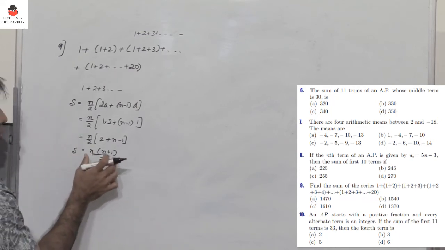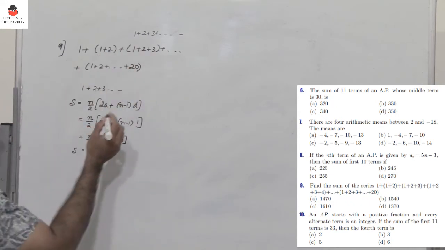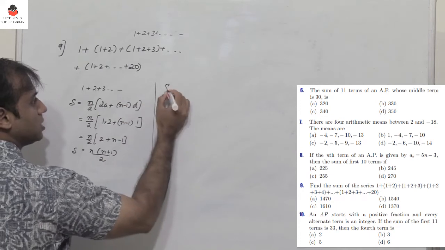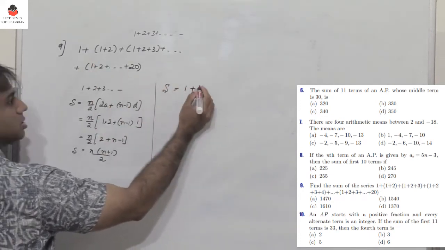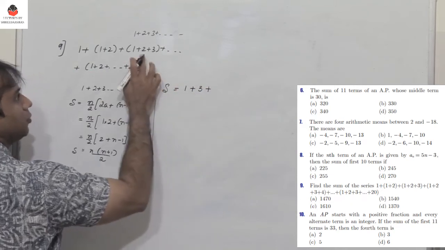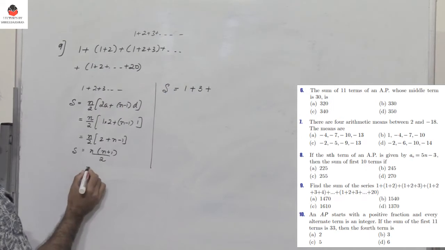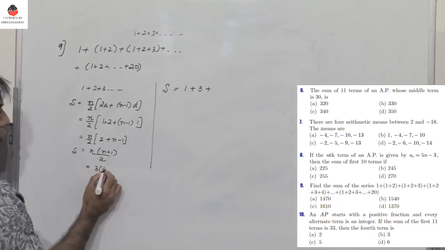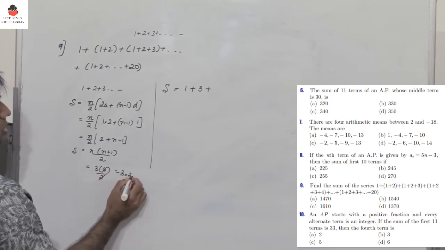Now we have to apply this expression for all these terms. Now what is the sum? For the first term it is 1, for the second term it is 3, and for the third term, n is 3 here, there are 3 terms. So it's going to be 3 into 4 by 2. So that will give me 3 into 2, which is 6.